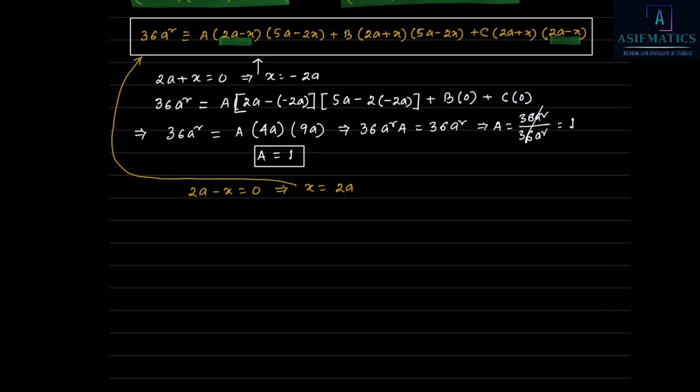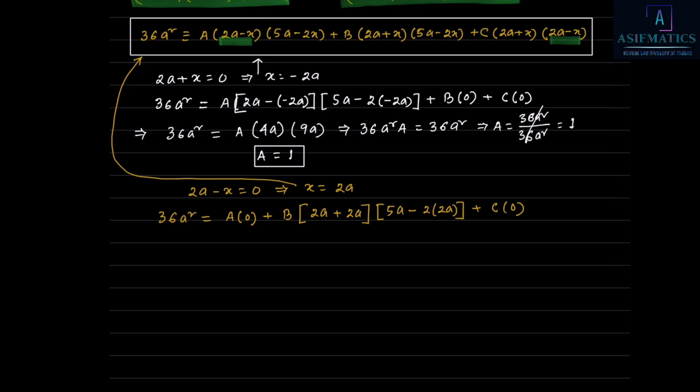What we can get is 36a square equals a times 0, because 2a minus x is 0, so the a term is 0, plus b times 2a plus x, that means another 2a, and then we have 5a minus 2 times 2a, plus c times 0.